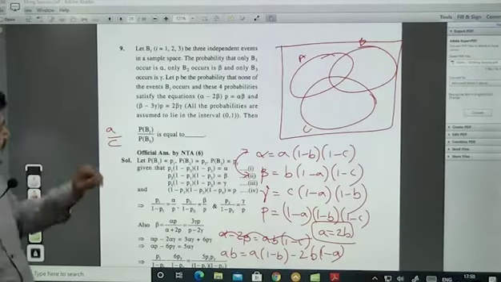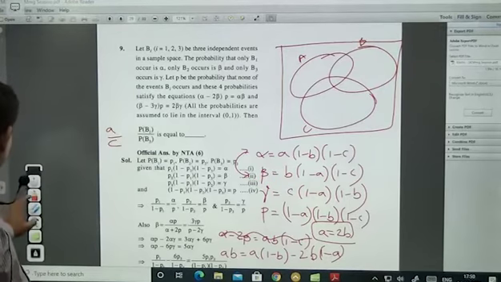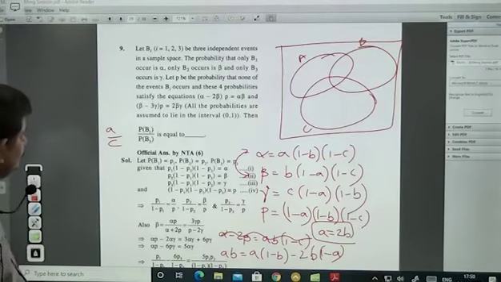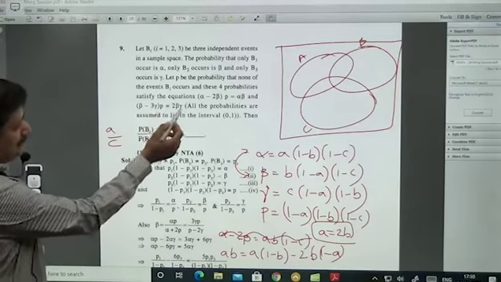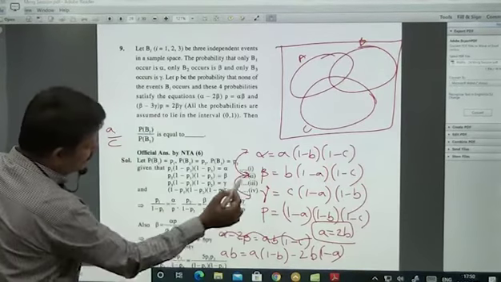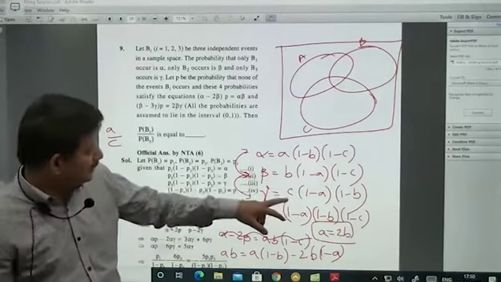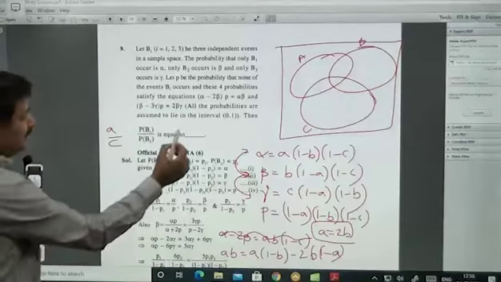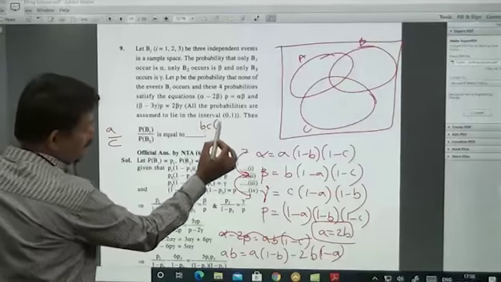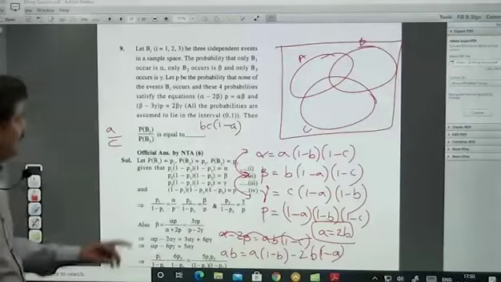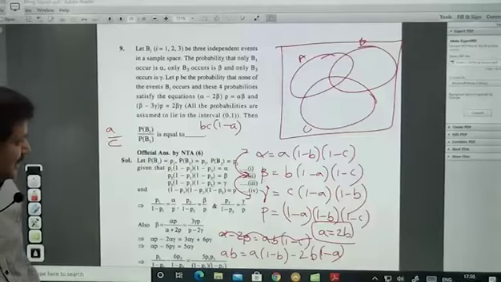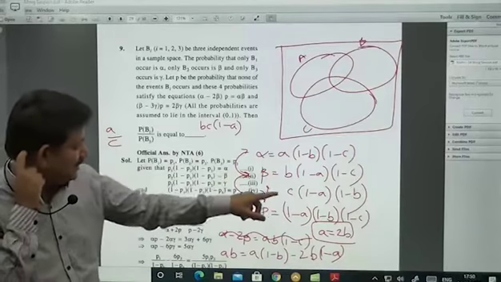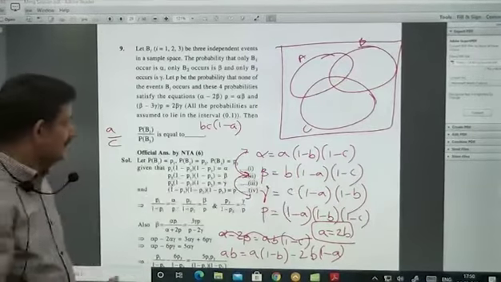Then the second equation is given. What is it? P is there, beta gamma is there. Beta gamma by P. In beta gamma, what is getting cancelled? (1 minus A), (1 minus B), (1 minus C). What are you left with? BC into (1 minus A). Beta minus 3 gamma will have (1 minus A) common, that will get cancelled.